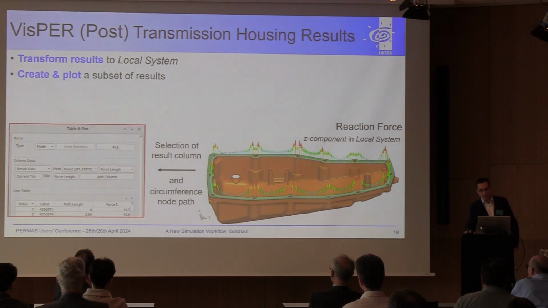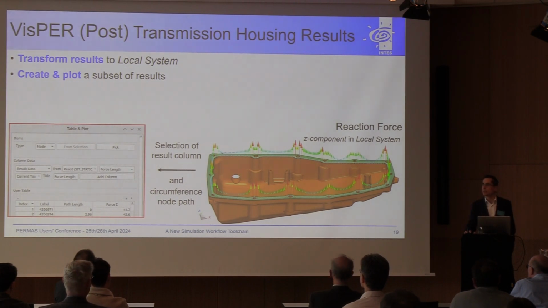And further on, we now have the possibility to create a selected XY plot, because we want to know where the lowest value of the force is around the circumference path. So we made a nodal point selection or just a path selection by a few clicks.